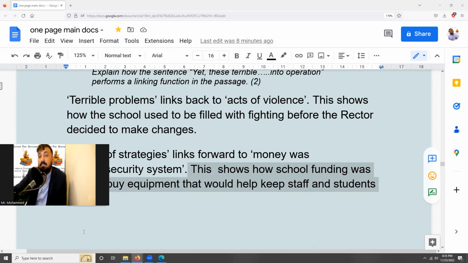The way that you do that is quote from the link, say it connects, whatever direction you want to go in, back or forward, quote something from there, from what comes before or what comes after, and then explain that in your own words. That's it. Very simple. Okay, that is the link question. And yeah, good job.